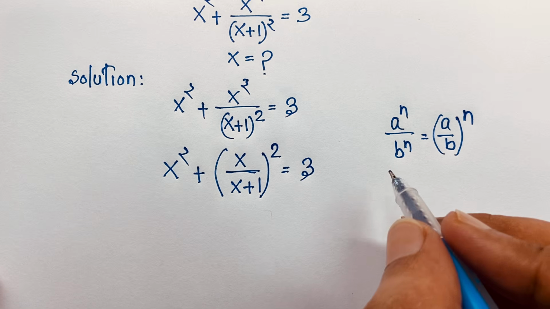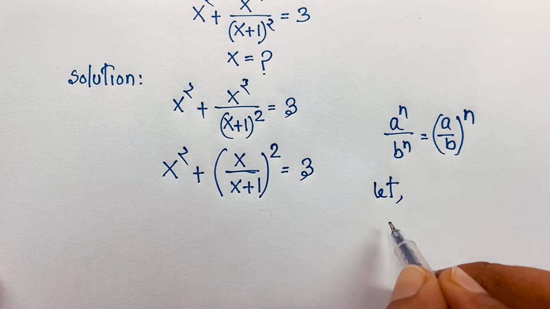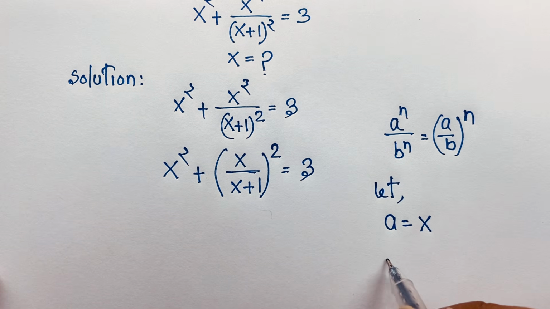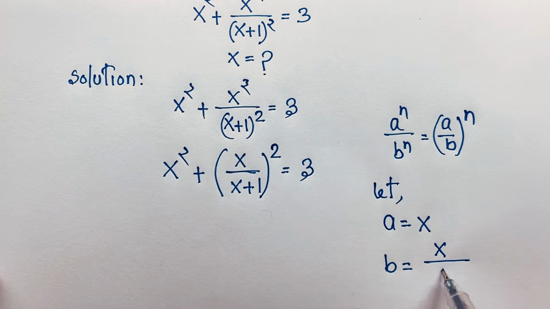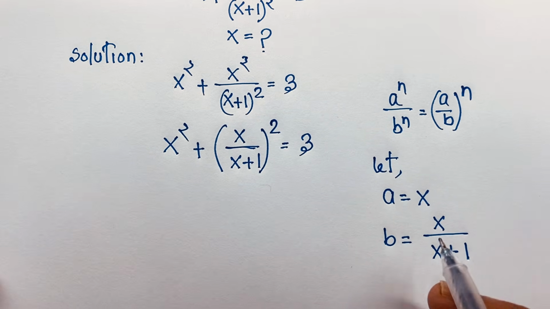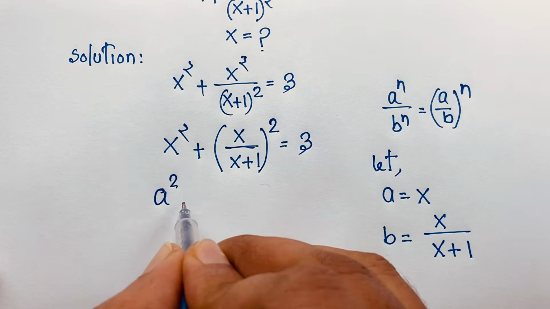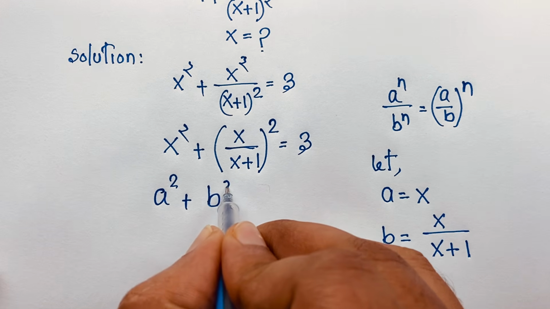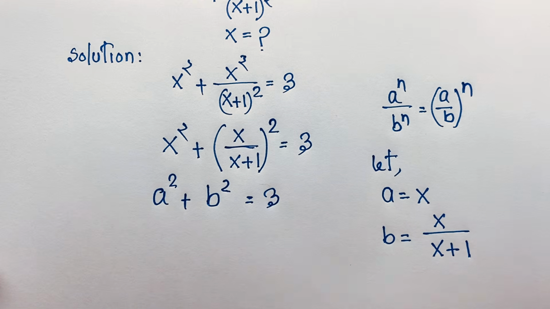Now at this moment, here is x, so let a is equal to x and b is equal to x over x plus 1. Now I substitute this below here, which is a to the power 2 plus b to the power 2 is equal to 3.